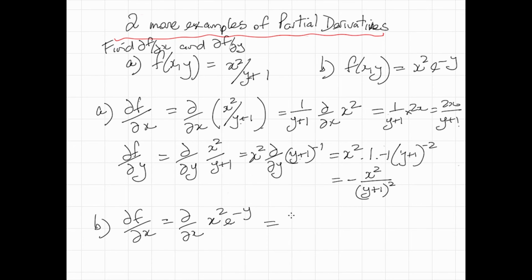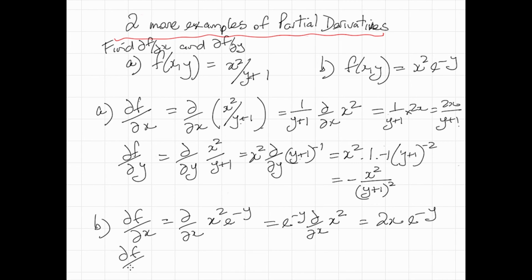So e to the minus y can come out the front. Partial with respect to x of x squared, and the derivative of x squared with respect to x is 2x. And maybe put that at the front again. So find the derivative of that, you get 2x e to the minus y. And that's the answer to that one.